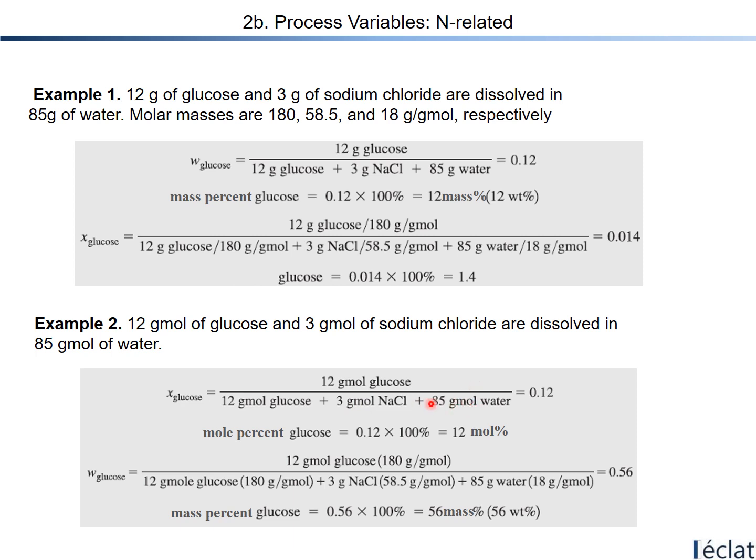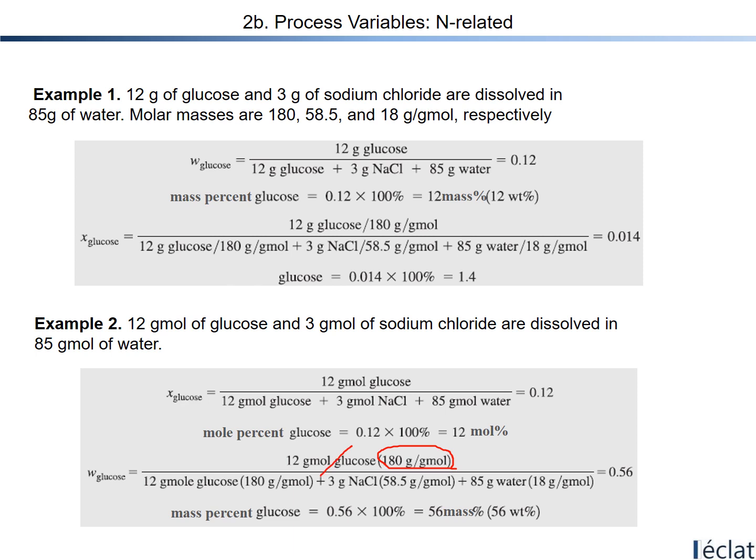How about mass fraction? This time, we should convert gram mole into gram by using the molecular weight. So right now, you should multiply the corresponding molecular weight to the mass. So let me check the unit.